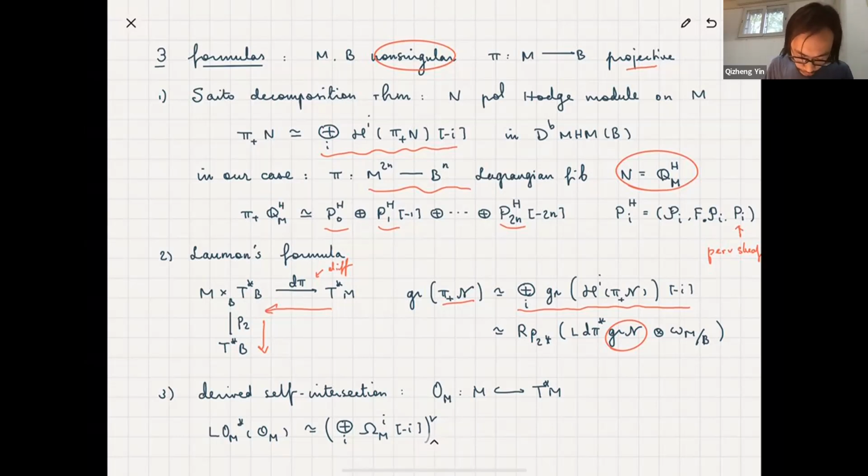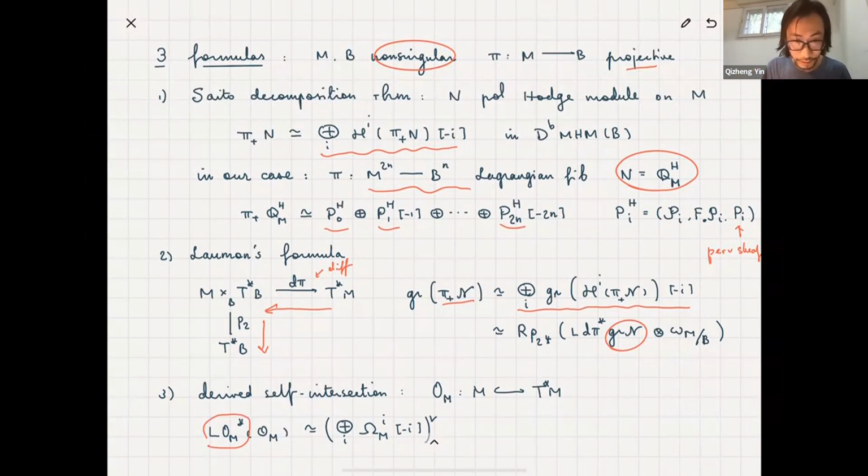So the third nice formula is basically the self-derived intersection of the zero section. You have the zero section and you want to intersect it with itself. By intersection I mean the derived pullback via the zero section of the O of the zero section, and then the formula is given by, you can imagine all these tangent bundles.